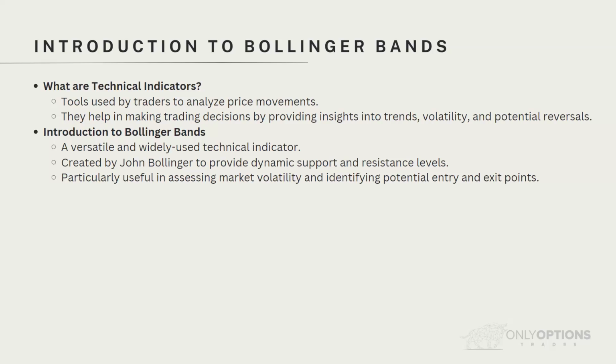20, 15, 200. I agree. They were created by a mathematician called John Bollinger. He provided dynamic support and resistance levels. I'm not going to go through the whole story about John Bollinger, but he was a great trader and mathematician who created something very simple.